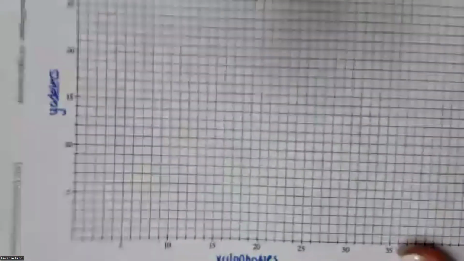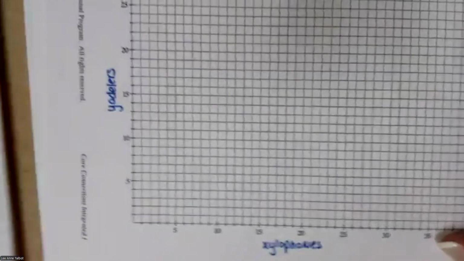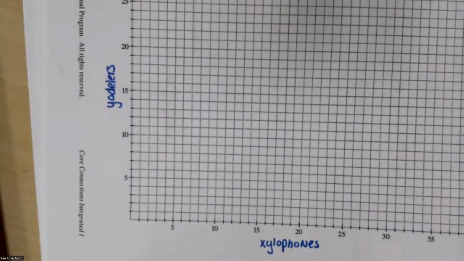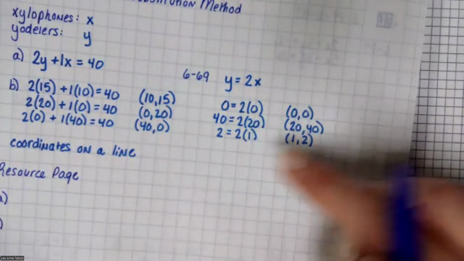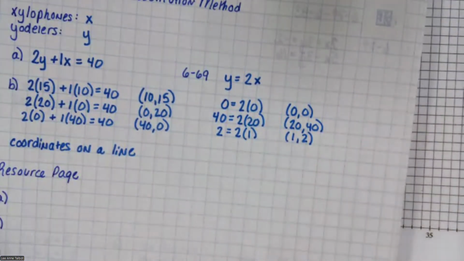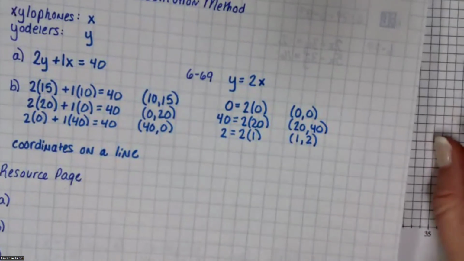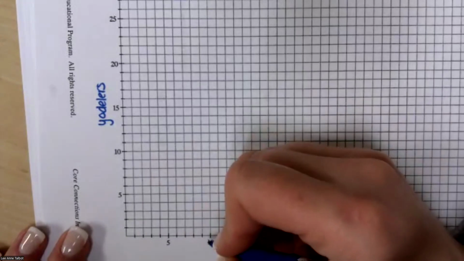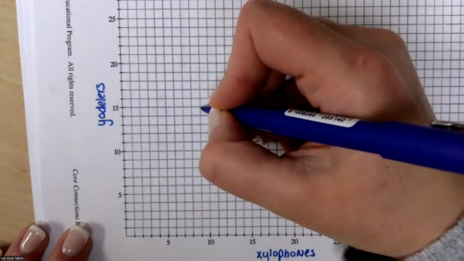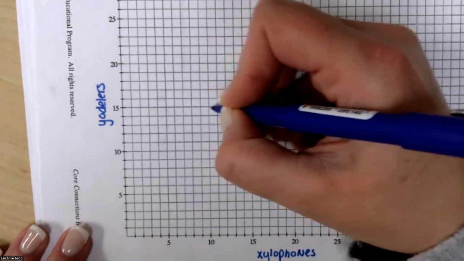Label the side yodelers. Okay, and we're going to draw 2 lines with our ruler. So if you need a ruler, go grab one. The first line is going to connect these 3 points. The second line is going to connect those 3 points. Okay, so my first coordinate is 10, 15.